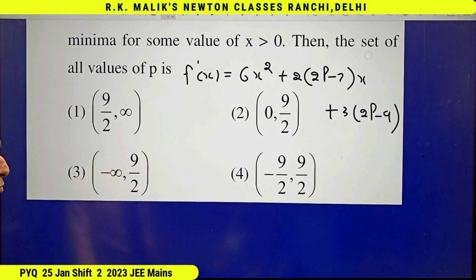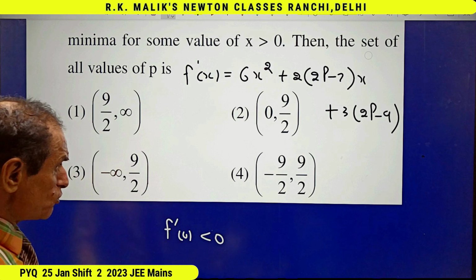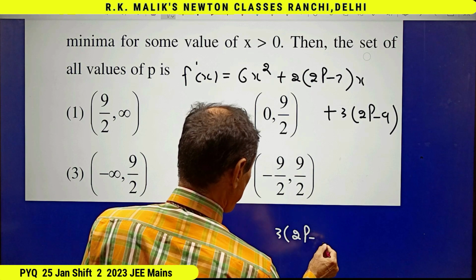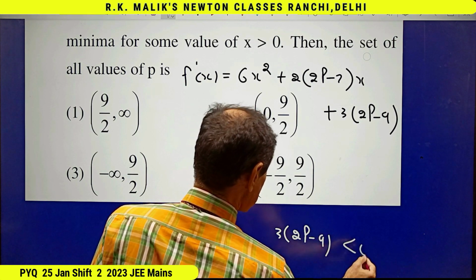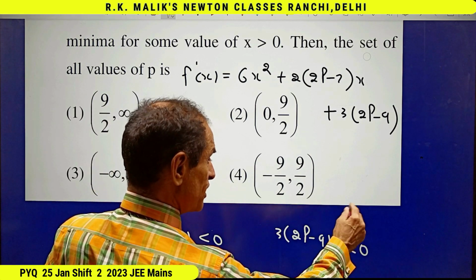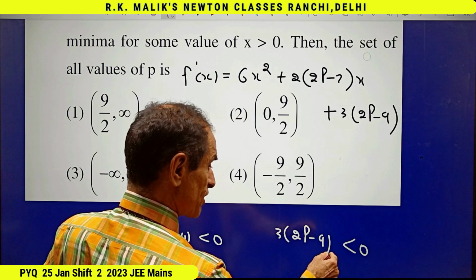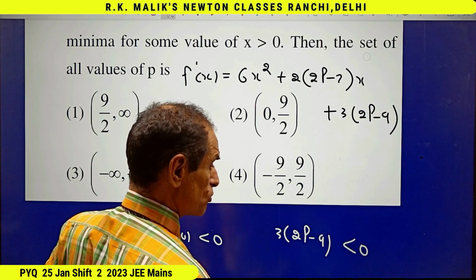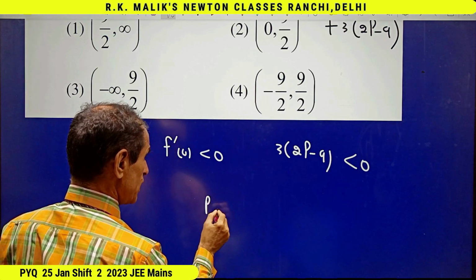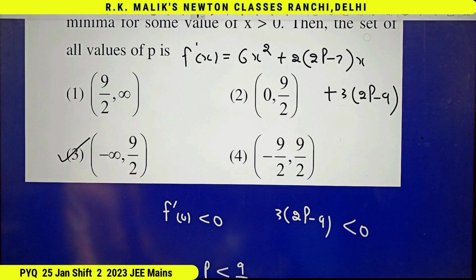Therefore, for the given condition to be true, f'(0) must be less than 0. And f'(0) means 3(2p − 9) is less than 0. Note that once this is satisfied, D greater than 0 is automatically satisfied, meaning the equation will have two distinct roots. So the conclusion is that p should be less than 9/2. That is, the third choice is the correct choice.